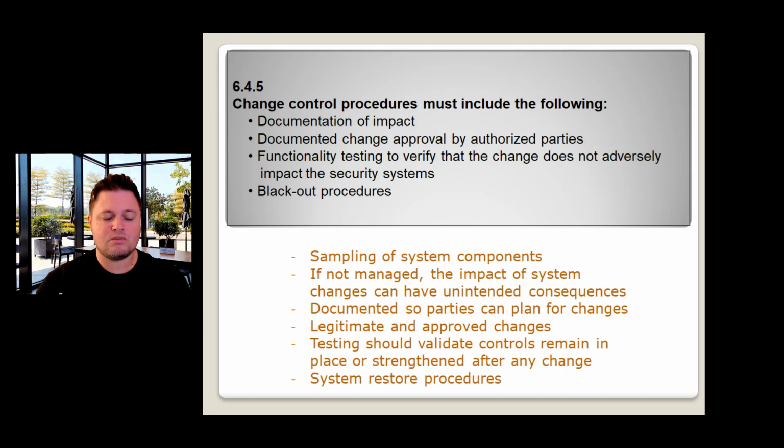You do want to have system restore procedures in case flooding happens, a tornado knocks down the building, lightning hits it and melts the building. Who knows? But basically, you want to document any changes, any authorizations, because if something happens, they want a breadcrumb trail to go back on and see who did what, why did this happen, and so forth. So basically, they're trying to find someone to blame and how to fix the issue at the same time.